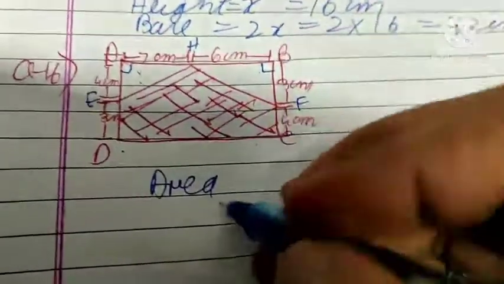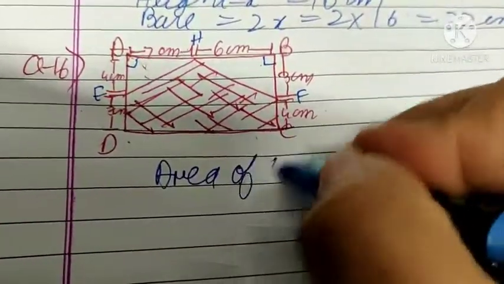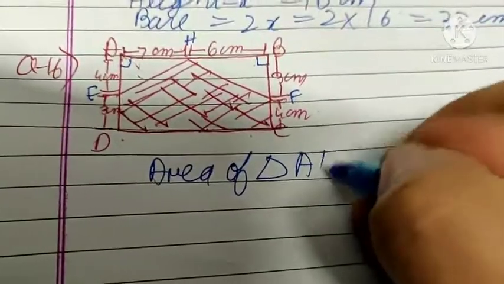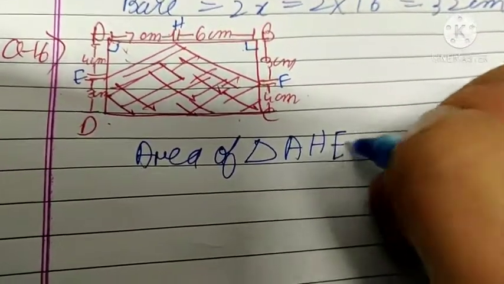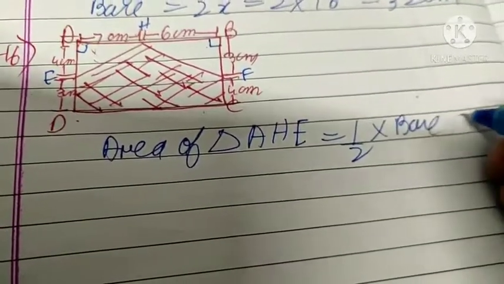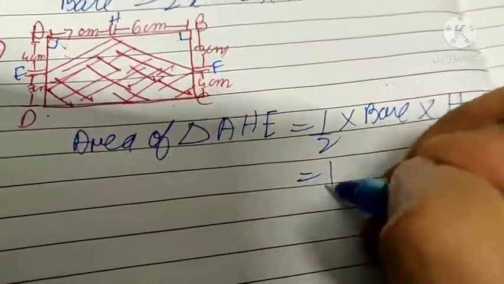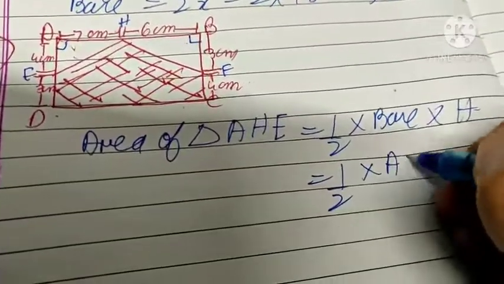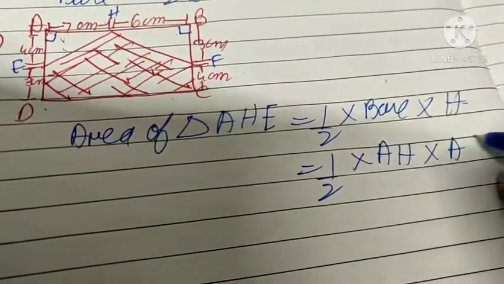Look, this is at 90 degree. Okay, this is a rectangle. Area of triangle AEH is half into base into height. Here base is AH and height is AE.